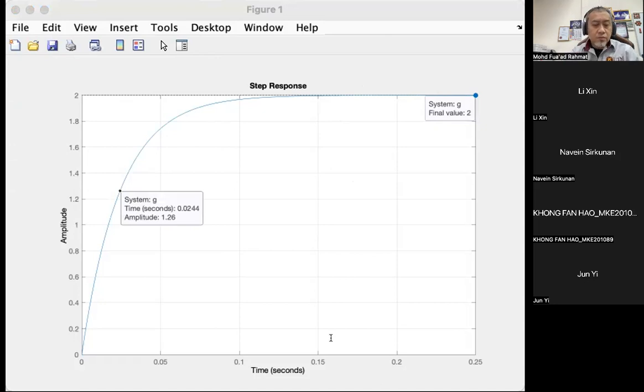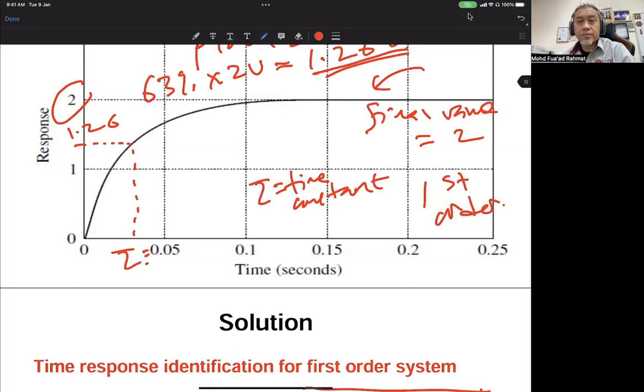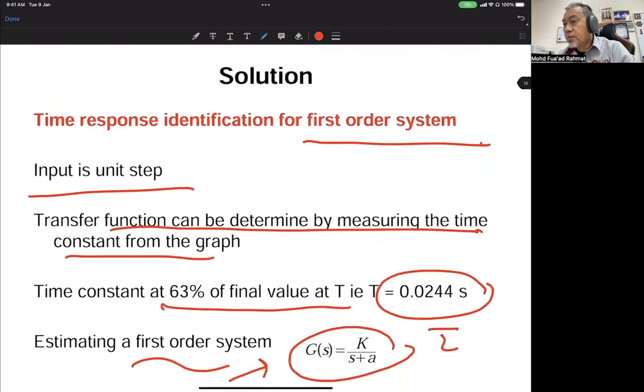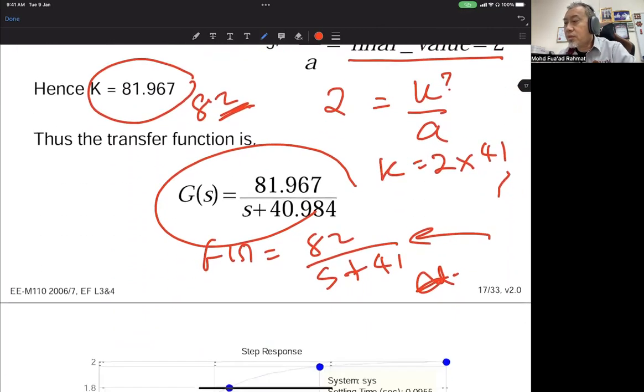I share with you the figure. Right, so we move to the next one. So this is the final transfer function.